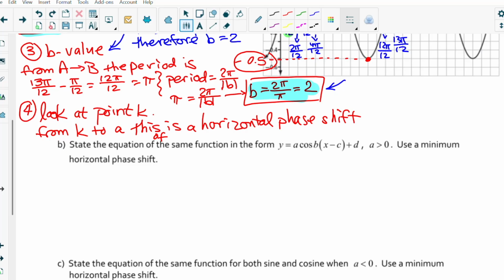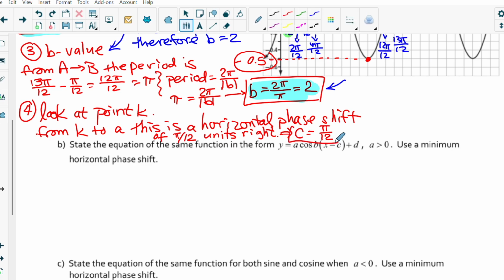So let's finish our sentence. Look at point K. From K to A, this is a horizontal phase shift of pi over 12 units. Which way? Units right. So that tells me my C value is positive pi over 12. Now we've got all our values.